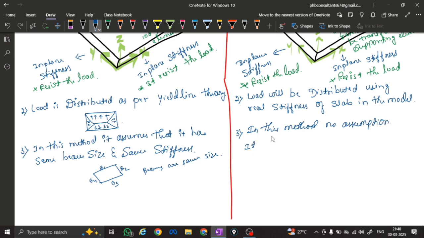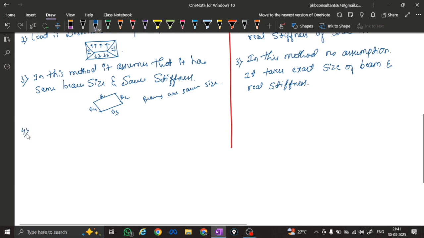It takes exact size of beam and real stiffness. So in shell element it considers the exact stiffness in accordance with the size of that beam. Whatever the real stiffness is present, that one it captures. Okay.